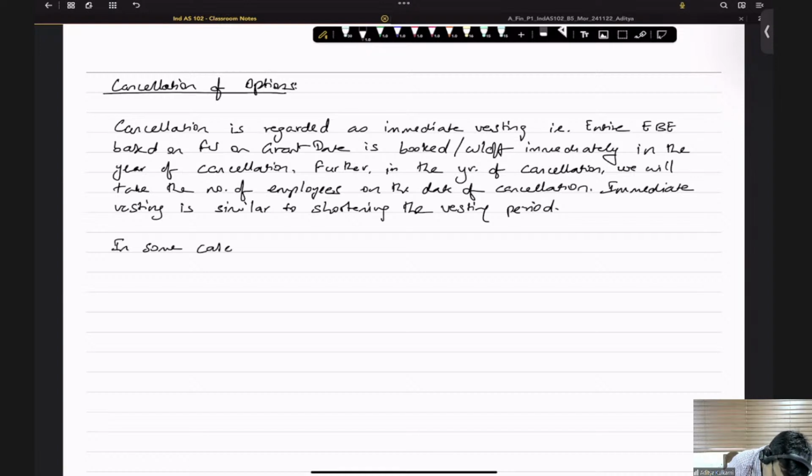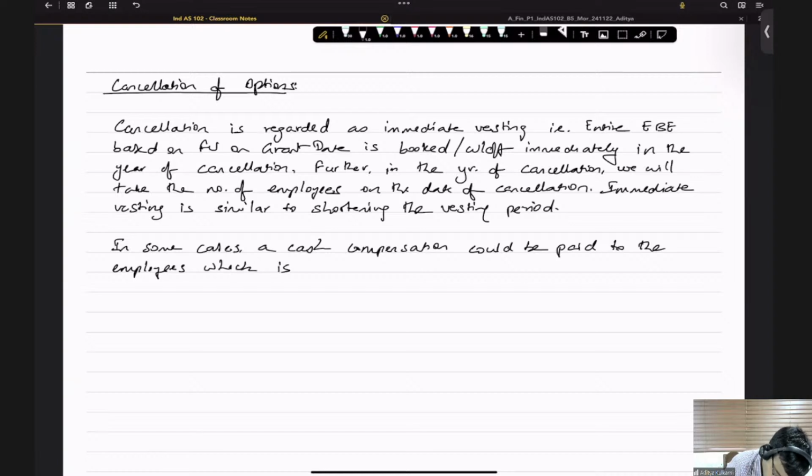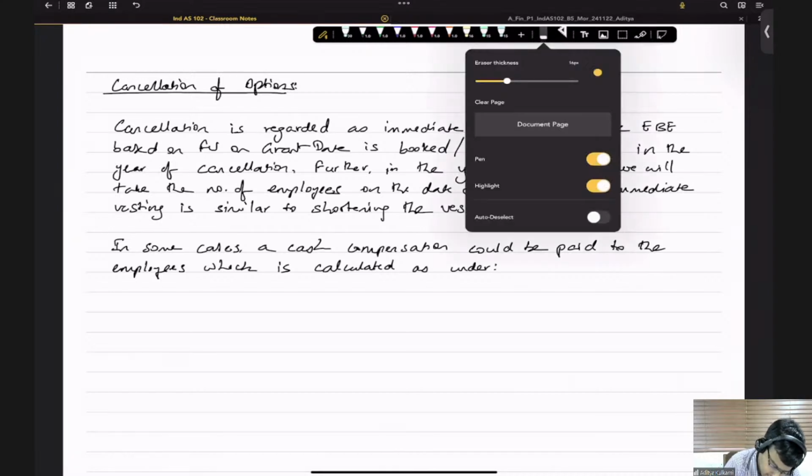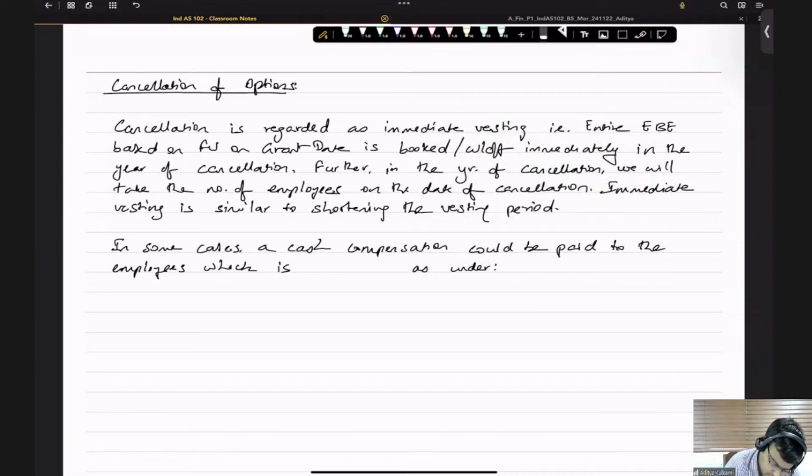In some cases, a cash compensation could be paid to the employees which is accounted as under.